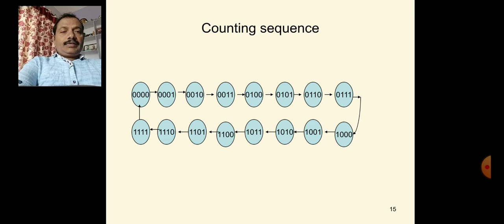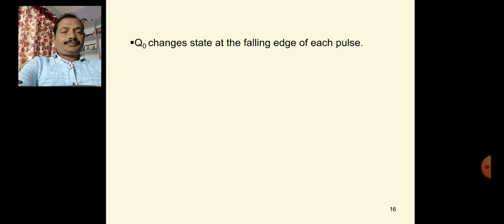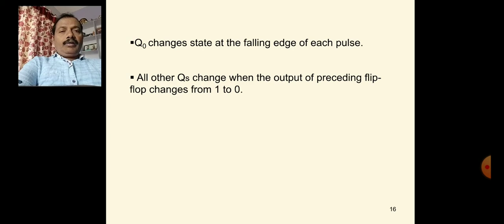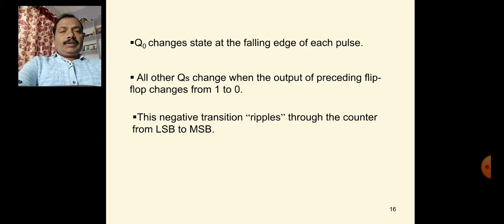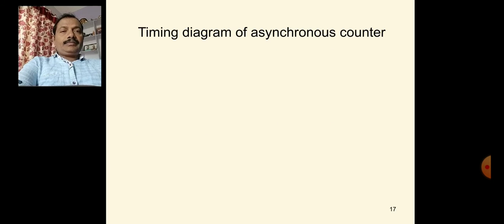This is the 16th pulse. Now, at the 16th pulse, the counter is initialized to zeros. So Q0 changes state at the falling edge of each clock pulse. All other Qs change when the output of the preceding flip-flop changes from 1 to 0. This negative transition ripples through the counter from LSB to MSB.